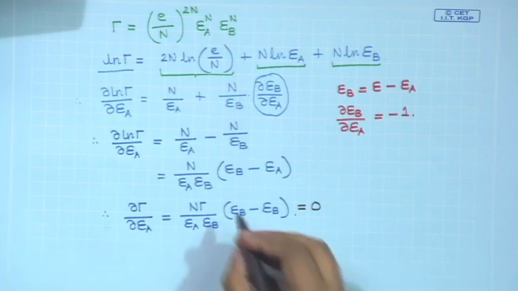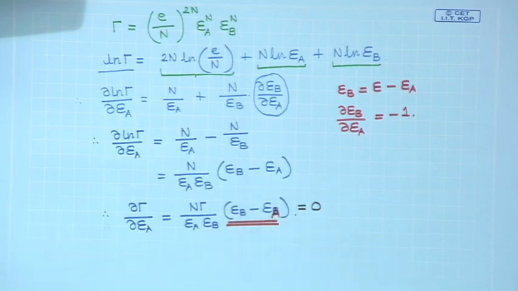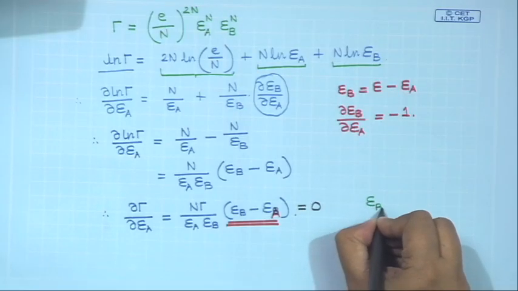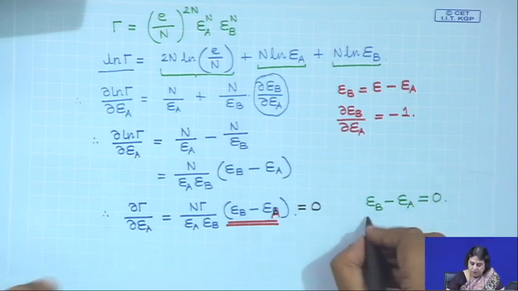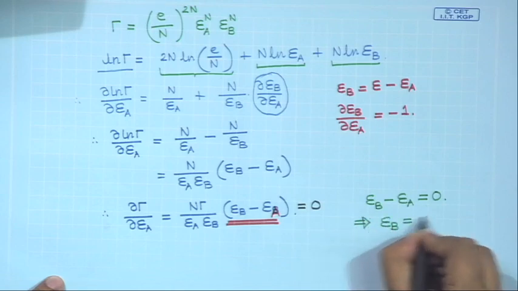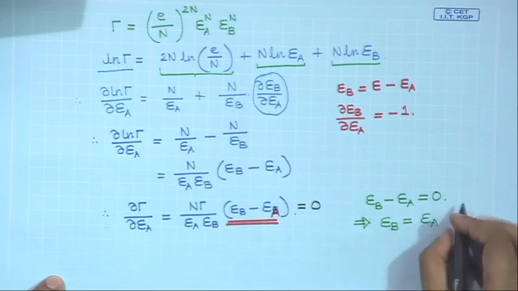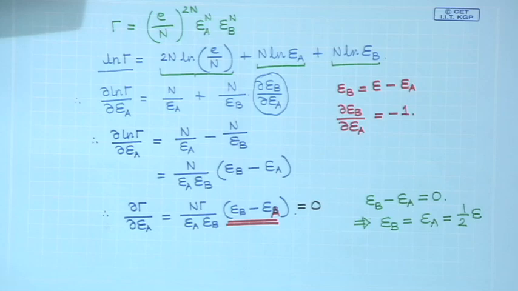It can happen, this is epsilon B minus epsilon A, only when this becomes equal to 0. So, at the maximum I must be having epsilon B minus epsilon A equal to 0, but that means that I must be having epsilon B equal to epsilon A, or in other words, each of these energies must be half of epsilon. That is because these two must sum up to be the total energy epsilon.